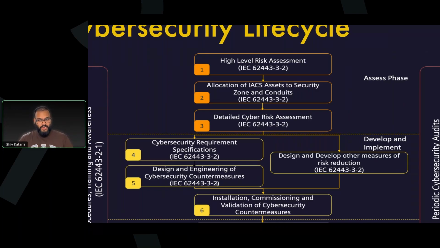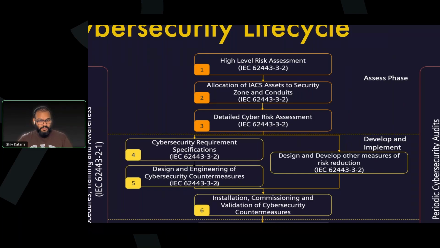If your risk here is not under your tolerable limit, then you do allocation of zones and conduits, which is putting the system into smaller pieces or smaller scopes based on criticality and the other criteria you might have for the system.